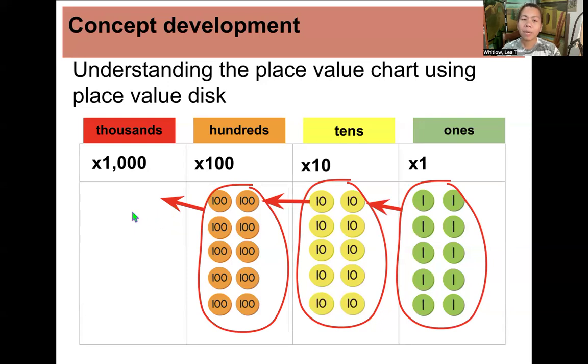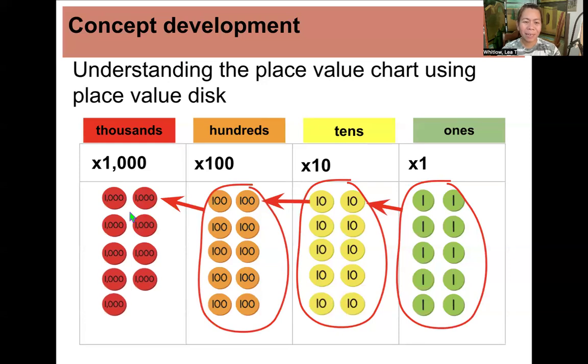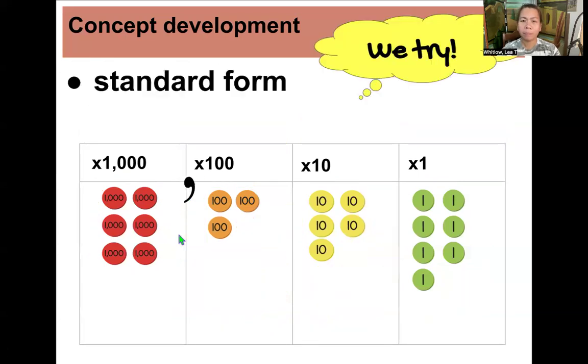And how many thousands do you need to make 10,000? 1, 2, 3, 4, 5, 6, 7, 8, 9, 10. Again, you created another place value. But we're going to focus only on up to 9 thousands for today. And don't forget your comma.